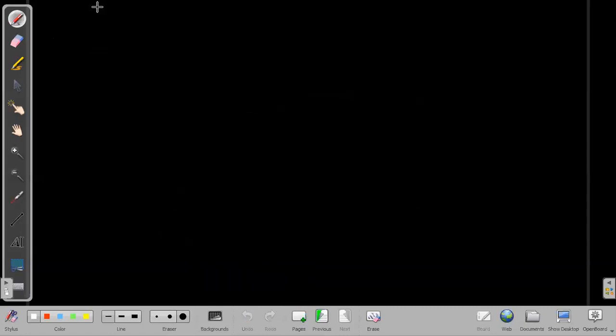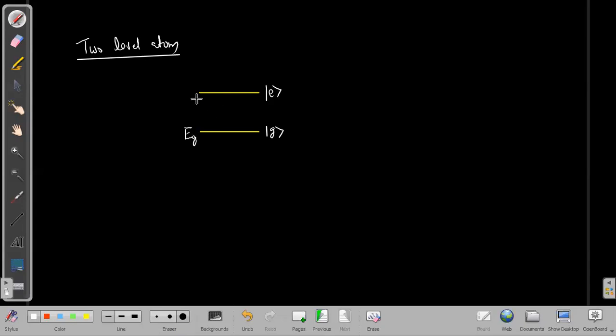So consider a two-level atom. Two-level atom means it has only two energy levels. So a ground state, we can denote it as G, and excited state we can denote it as E. So ground state will have energy Eg, and excited state will have energy Ee.